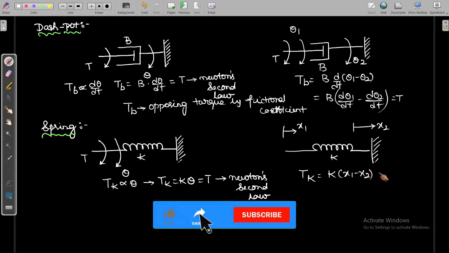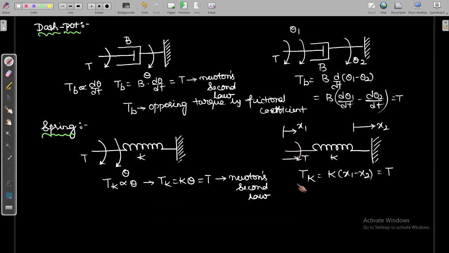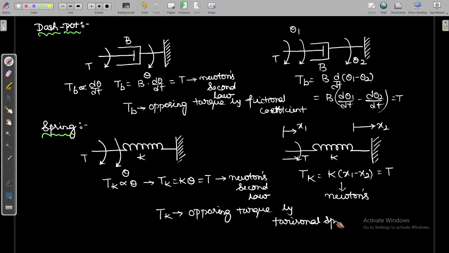This is also equal to the applied torque according to Newton's second law. This is when you have the two displacements. Here the notation Tk is known as the opposing torque by the torsional spring.